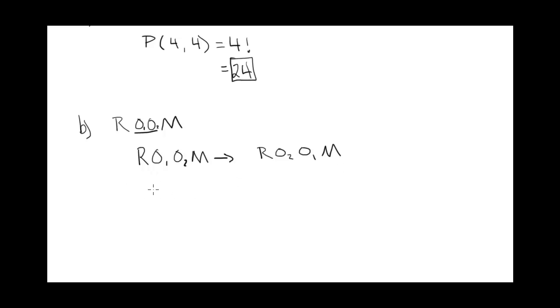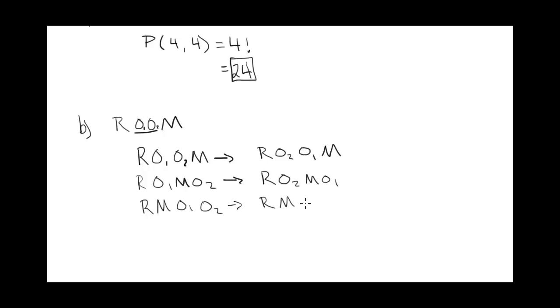Similarly, it's going to have, let's say, R, O1, M, O2. That's going to be the exact same as R, O2, M, O1. Same as R, M, O1, O2, R, M, O2, O1.